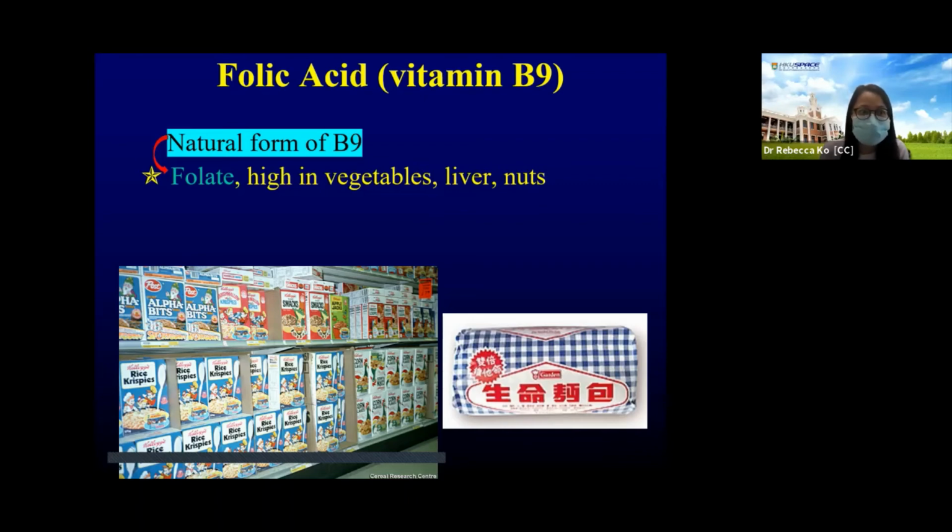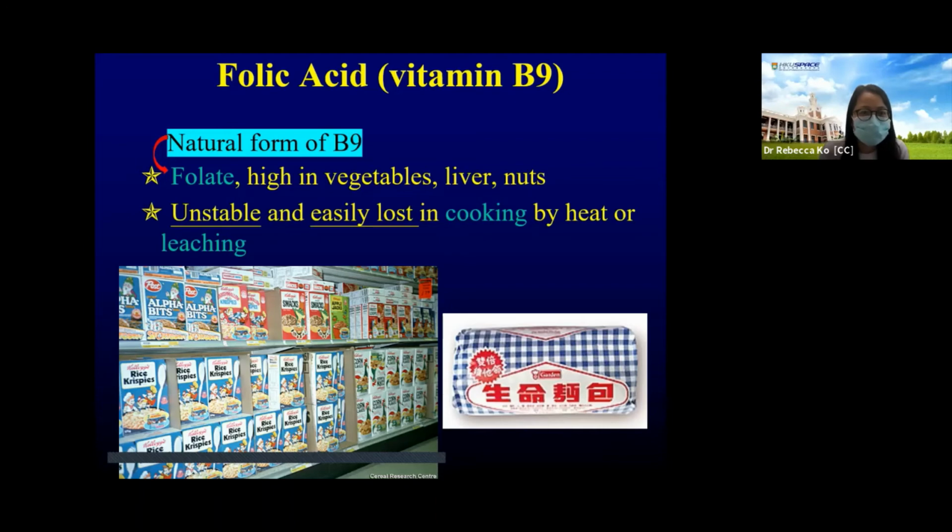So maybe during heating and washing, some of the vitamins are washed away. It is unstable and easily lost in cooking by heating and leaching. So that is the problem of vitamin B9.